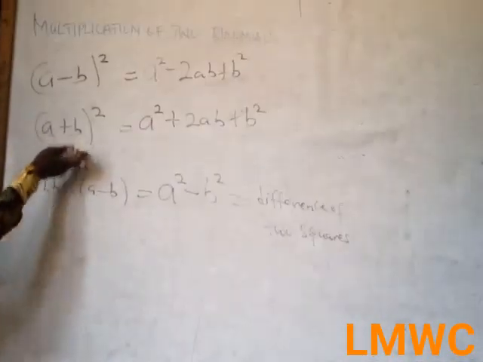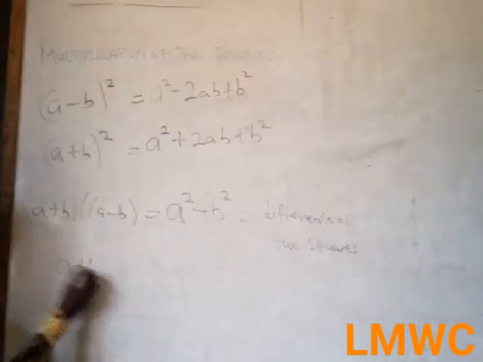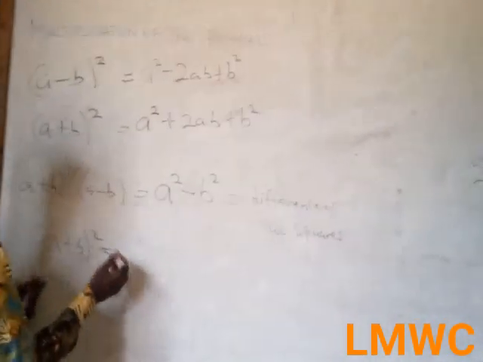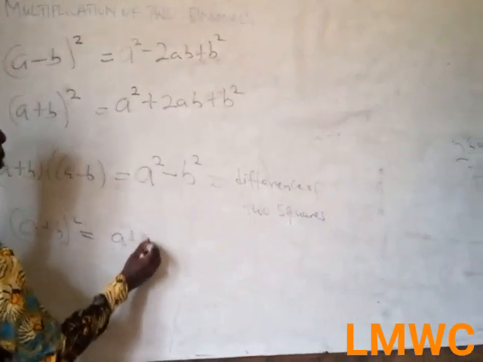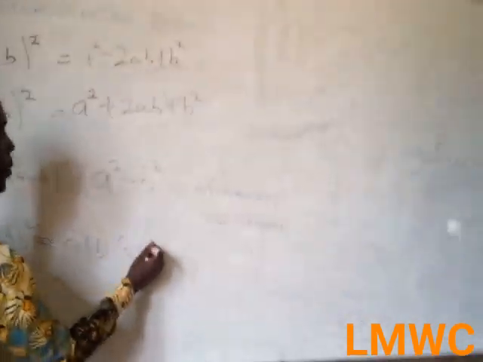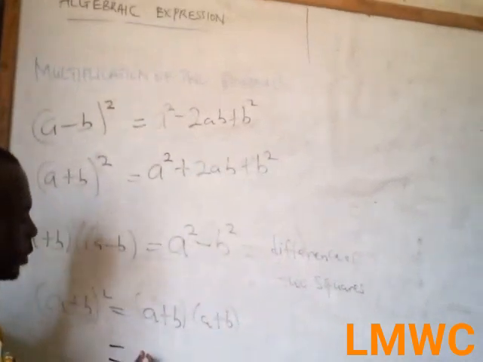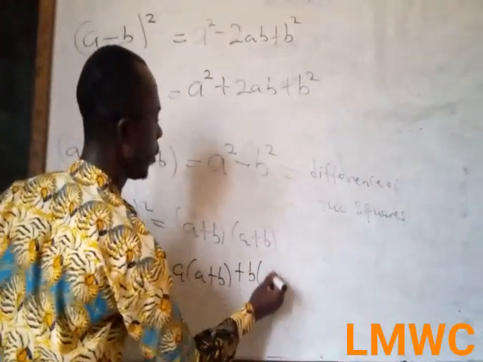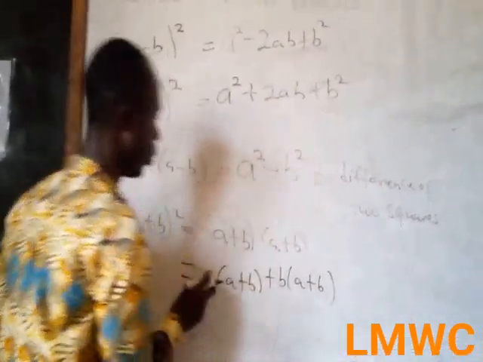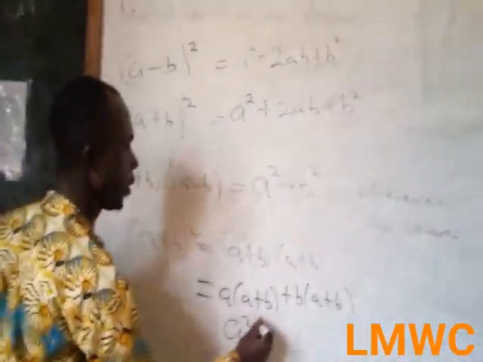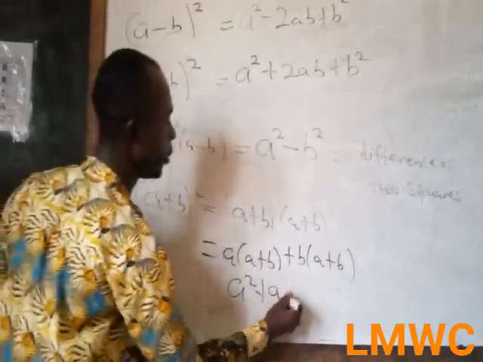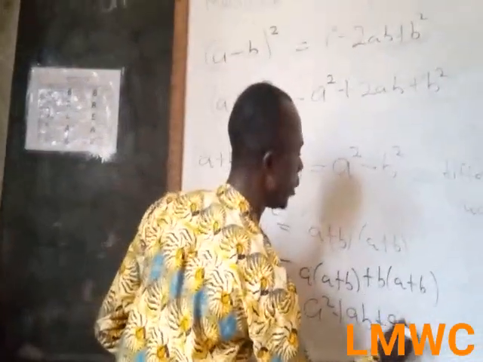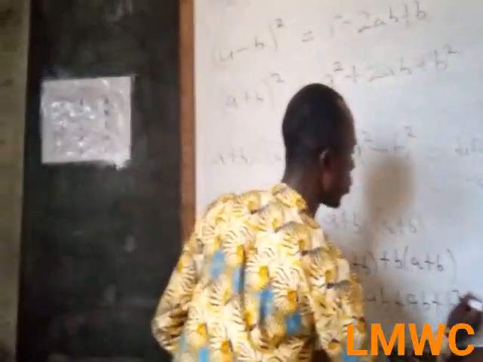If I ask you to work (a + b) squared, it's not difficult. It becomes (a + b)(a + b). So a times a is a squared, plus a times b is ab, plus ab, plus b squared.